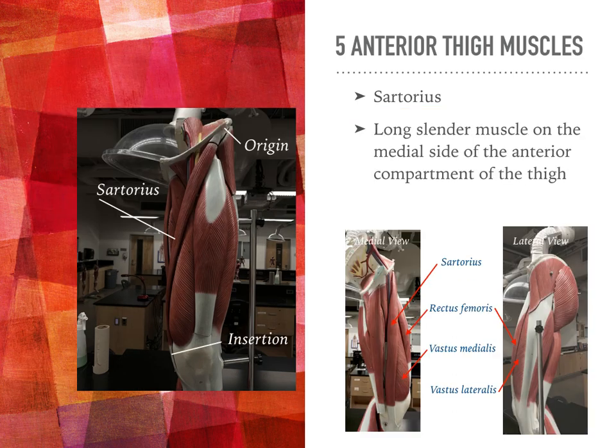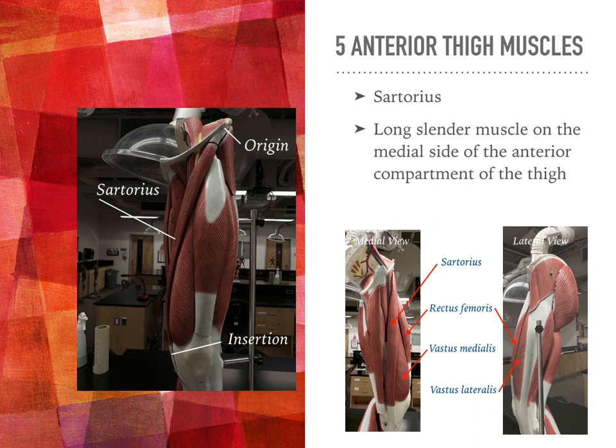So here is the sartorius muscle. It's a slender muscle that angles from the hip area, way above, across the medial side of this anterior area and attaches down onto the tibia. So it's a long, slender muscle. If you're looking from the front, it looks like this.